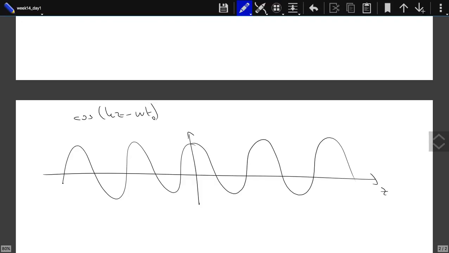This is at a given time. So at this point, for example, this will be 0. At this point, it will be 0. At this point, it will be negative. At this point, it will be positive. Now, what is this point? How can I determine the z-coordinate of that point?